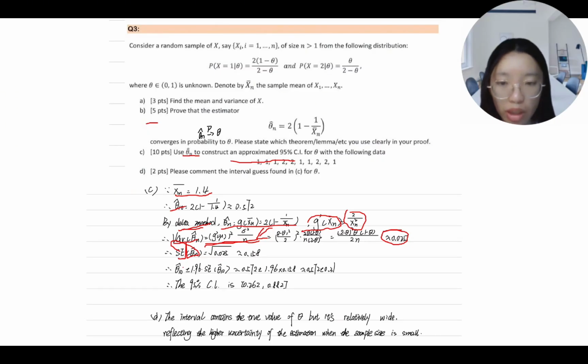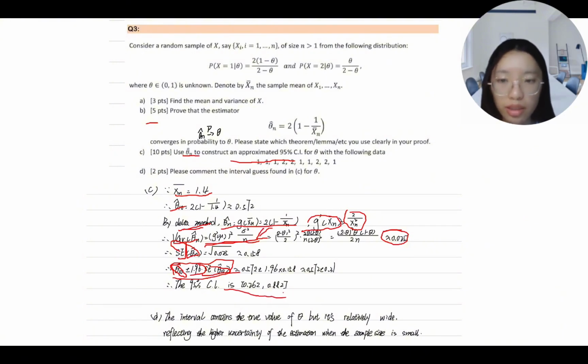So we can get the standard error is equal to 0.158. And so the interval is this. We can divide it into two parts. The first part is theta 10 bar, and the second part is the standard error multiplied by the critical value. And then we can calculate the answer like that.